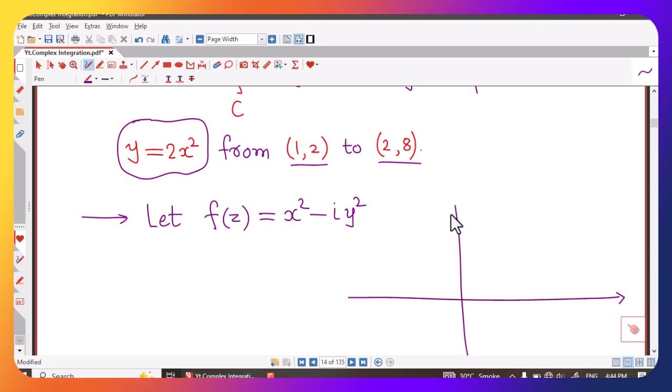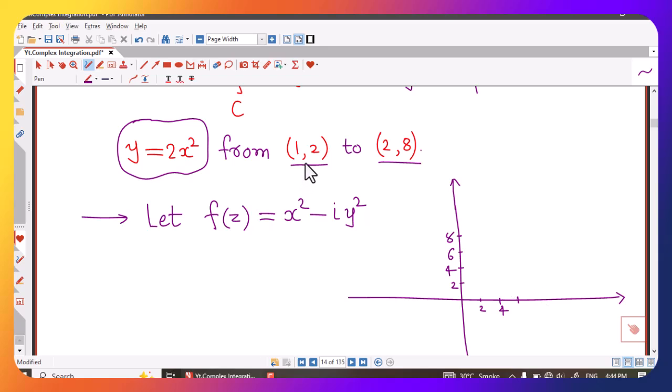We are familiar with the shape of this parabola. Suppose we consider this much distance as 2, and here also this is 2, so we will have 2, 4, 6, and here we have approximately 8. Same thing here: 2, 4, 6 and 8.